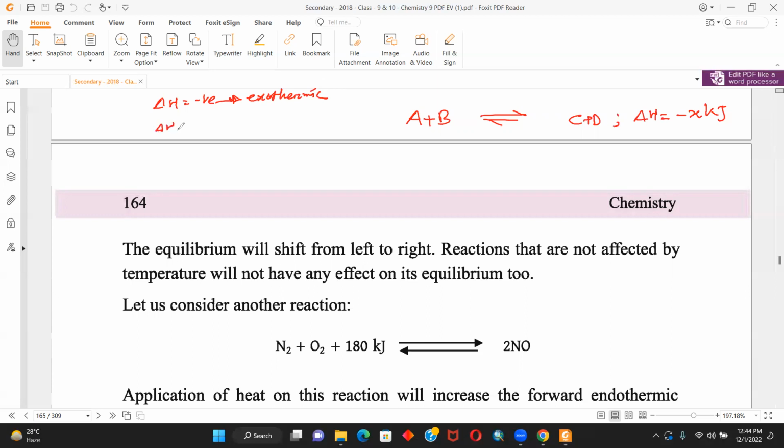If delta H is positive, then it is an endothermic reaction.